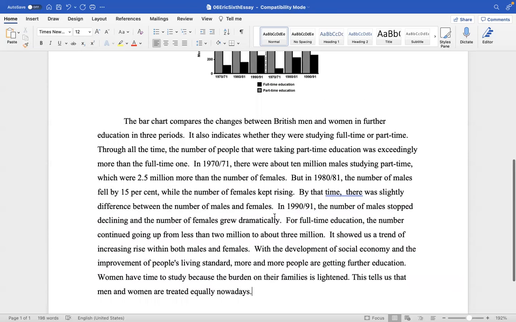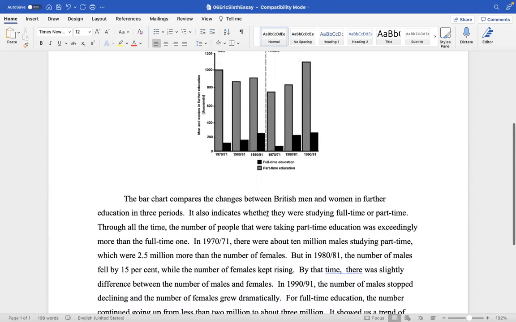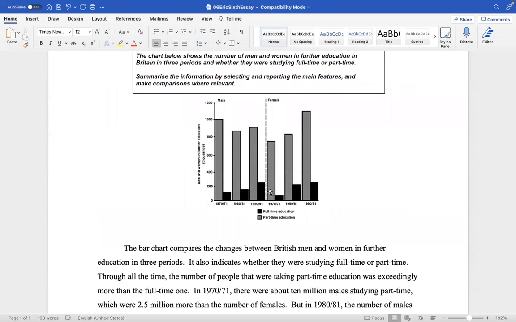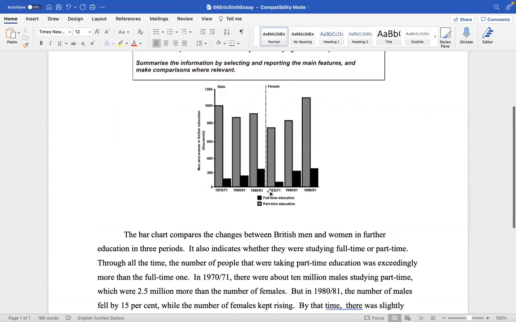Okay, well, let's just go through this together then. So I'll just read this again. All right, the chart below shows the number of men and women in further education in Britain in 3 periods and whether they were studying full-time or part-time. Summarize the information by selecting and reporting the main features and make comparisons where relevant. Okay, so we've got the men on one side, female on the other. Full-time education is dark, and then part-time is lighter.